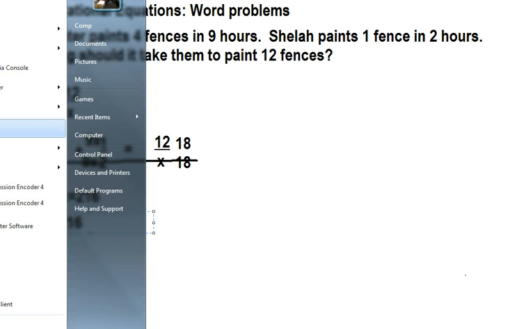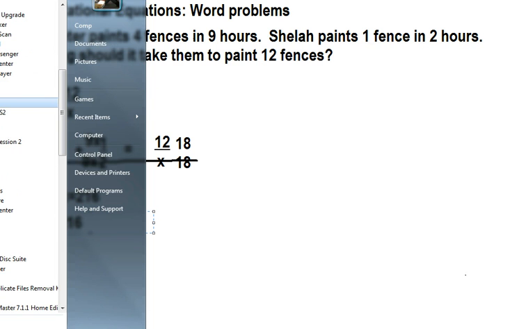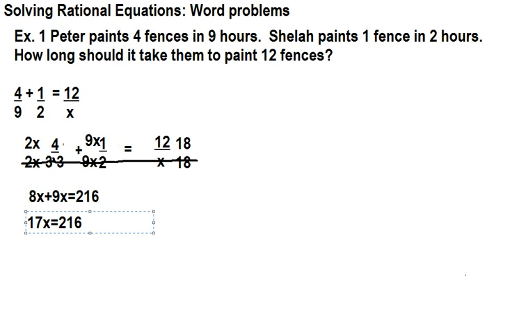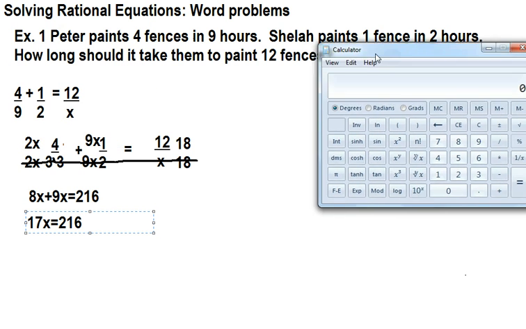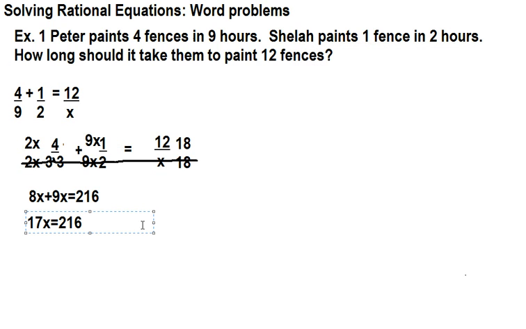And then I'm going to pull out my handy dandy calculator because I don't want to deal with that. Ta-da! 216 divided by 17 equals 12.7. Okay, so I get x equals about 12.7.